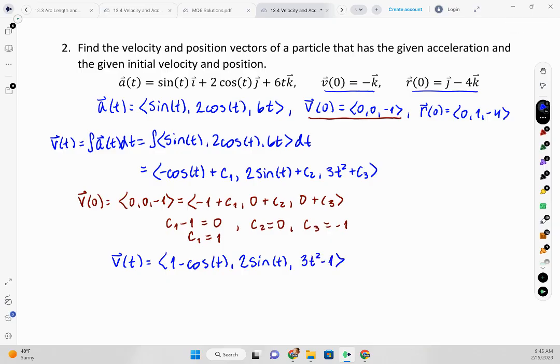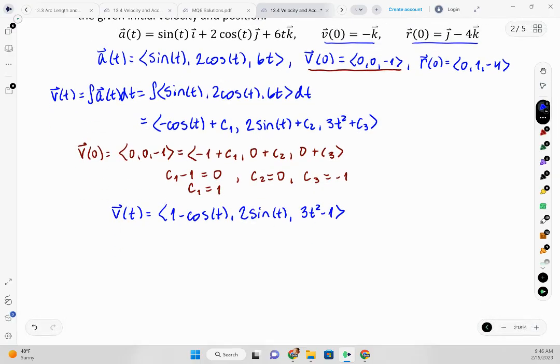All right, now I need to find my position vector. I cannot find my position vector until I have my velocity vector and all of the constants of integration figured out. So I have that. Now I can say my position vector is going to be the integral of the velocity vector I just found. So I'm going to plop that in there. We have 1 minus cosine of t, 2 sine of t, and 3t squared minus 1 dt.